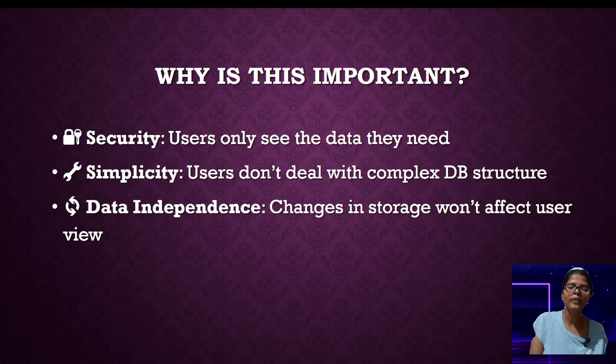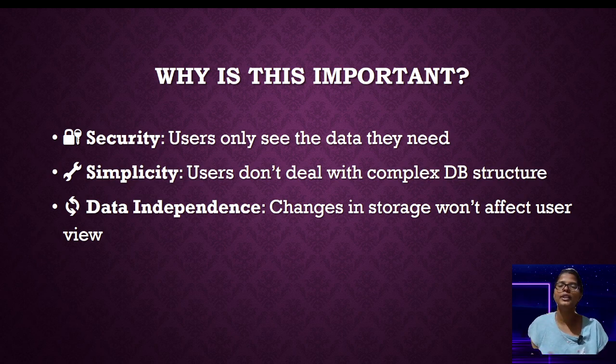Based on the type of user, you maintain the data and give access. This is maintained by the DBMS, and this is how you maintain security. It is very simple because we are not dealing with any complex data structure. That's why the architecture of DBMS is very important.